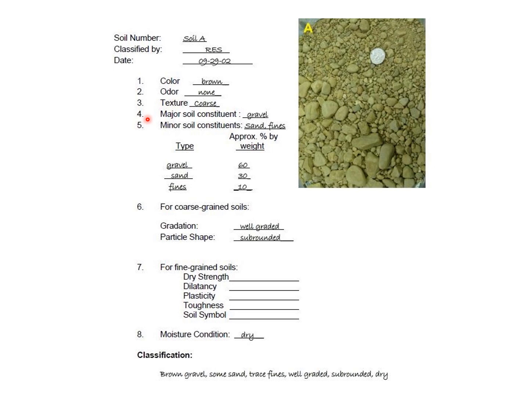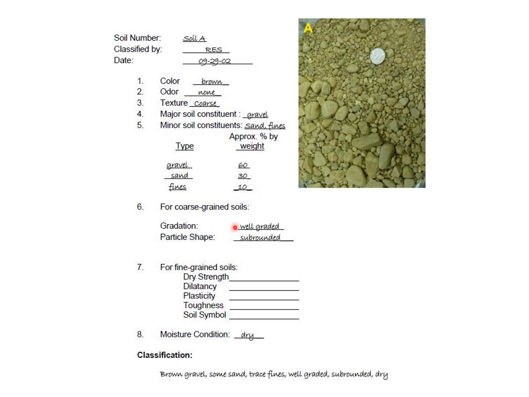The major soil constituent is written over here, and the minor soil constituents are also written. Gravel is the major constituent, and the minor constituents are sand and fines, with their approximate percentages. The percentages are mentioned for gravel, sand and fines.